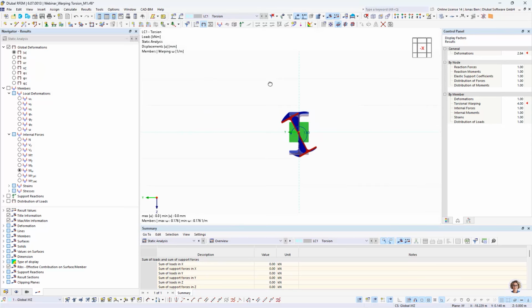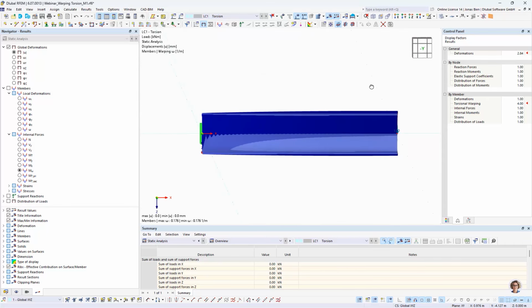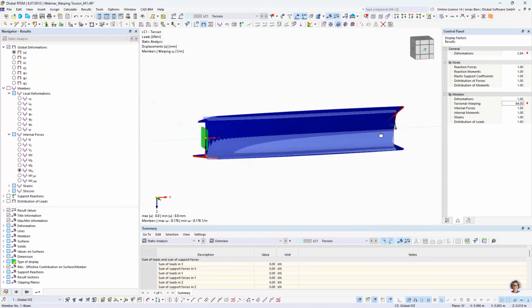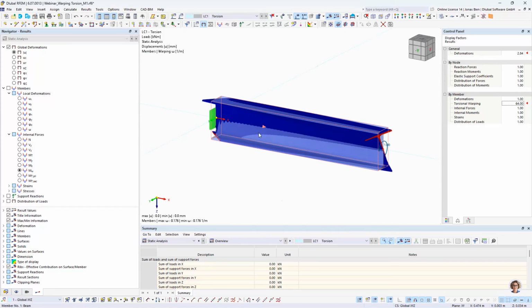So we see that we have this twisting of the beam, but when we look from the side, and maybe let's scale this up a bit, we can now see that there's also warping in our section. And we can actually see that the member warps at both member ends freely.